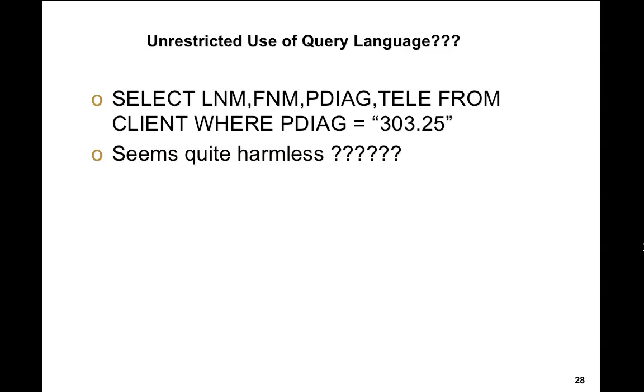Not to scare you or anything, but what they should do is run something that gives you access where you don't have the capability of dropping a table, which is basically deleting it. You don't have the ability of updating. You can only query.